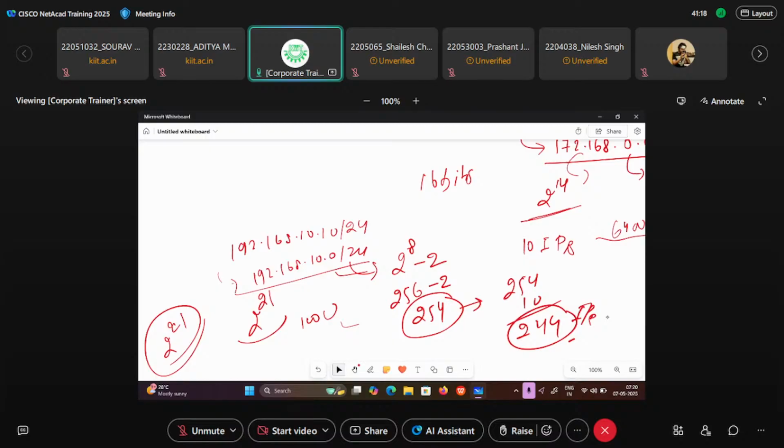There will be a single network, and from this network I'll create some logical subnetworks. That concept is subnetting, and those subnetted networks behave like different networks.